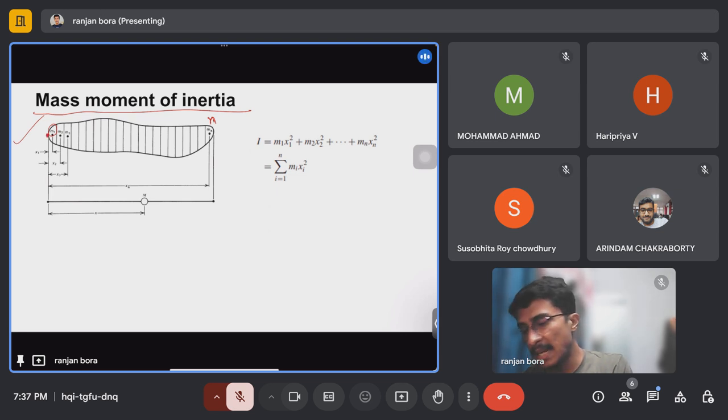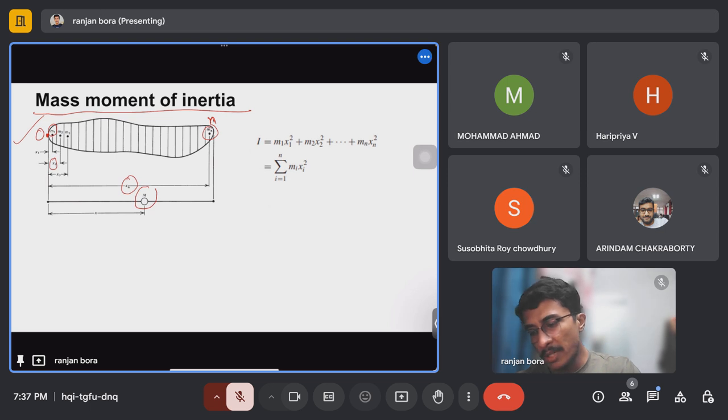We are taking the left end as our origin O. So from O, the center of gravity of m1 is at a distance of x1. Like that, the center of gravity of mass m2 lies at a distance of x2 from O, and so on. The distance from the origin to the center of gravity of mass mn is xn, and the total mass is capital M.